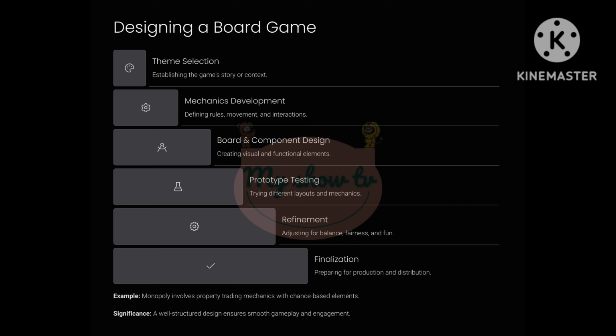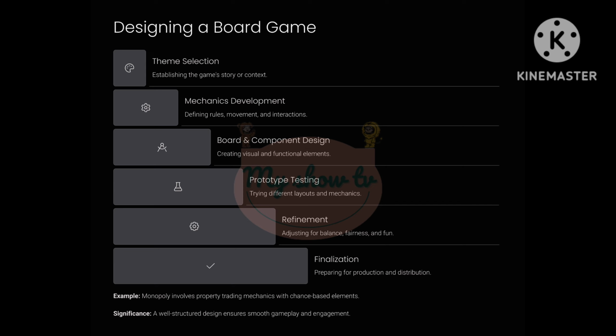4. Prototype testing. This stage involves creating an early version of the game and testing various layouts, mechanics, and rules. It allows designers to identify issues and improve functionality. Example: designers might test how frequently players land on key spaces and adjust board size or dice mechanics accordingly. 5.